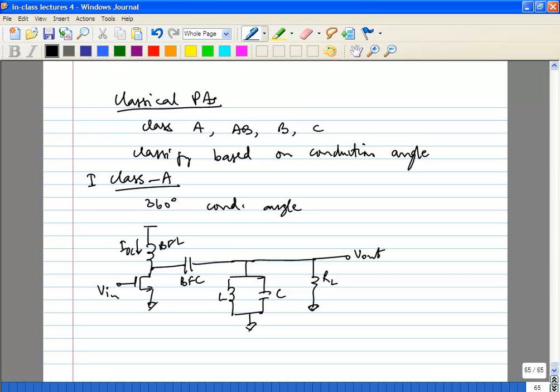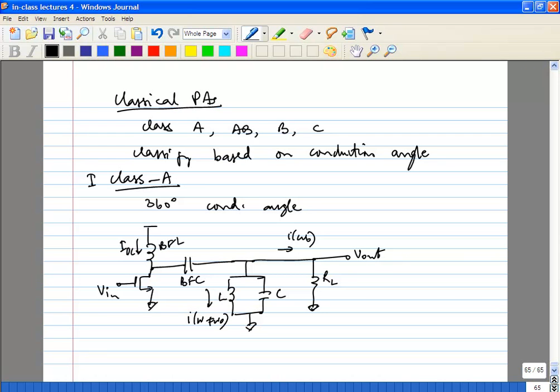The capacitor, the BFC, the big fat capacitor, makes sure that there is no DC current flowing through your load. This LC resonance circuit, remember that at resonance it's a high impedance, so the current at omega naught flows through the load, and all other currents are bypassed.